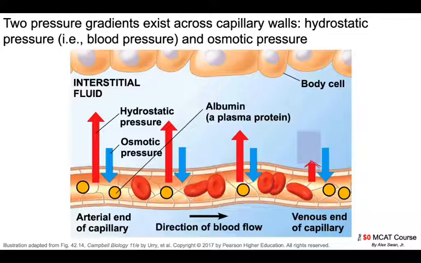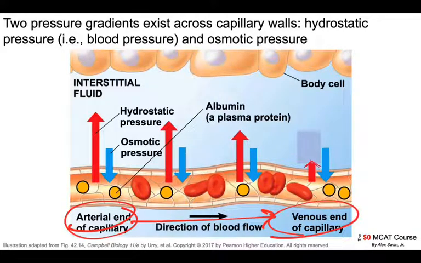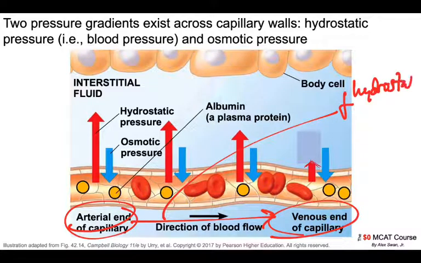So the lesson here is that as we move down from the arterial end to the venous end of the capillary bed, we have a decrease in hydrostatic pressure. All right, we kind of beat that to death.